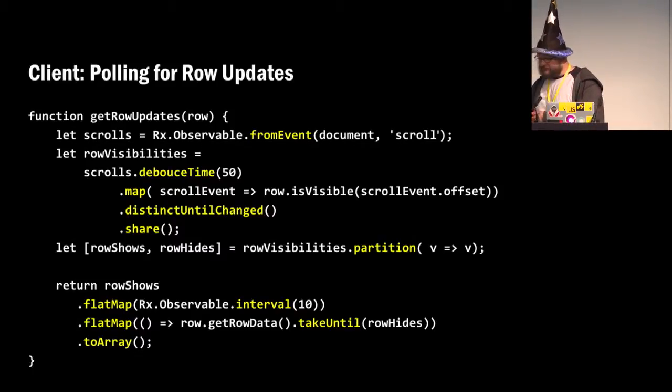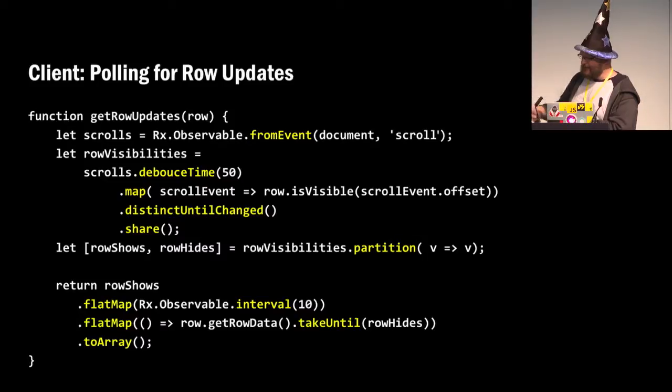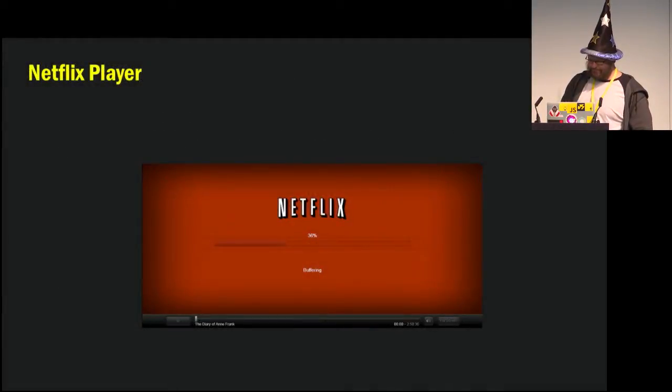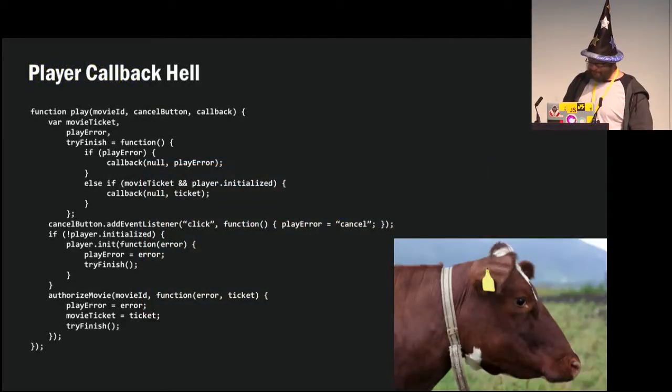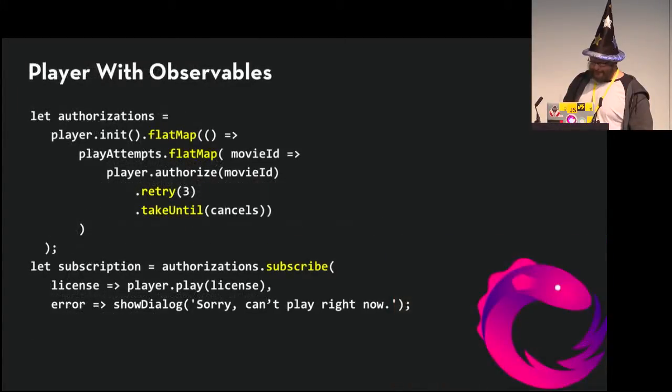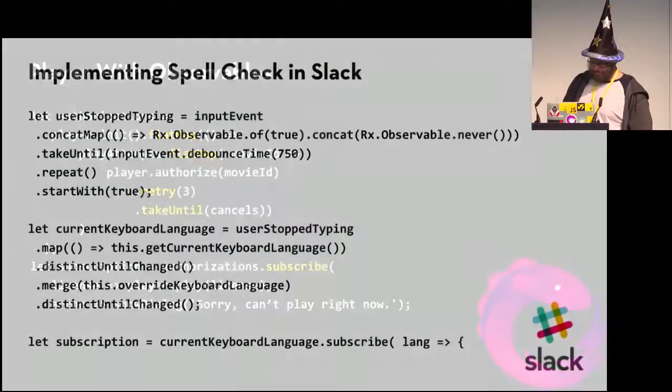So you're going to continuously get the row data until it hides, and then it's going to completely get rid of all of that stuff that you had before. And even the Netflix player here that we had before gets transformed in the fact that we can do the stuff that we've already shown you here.